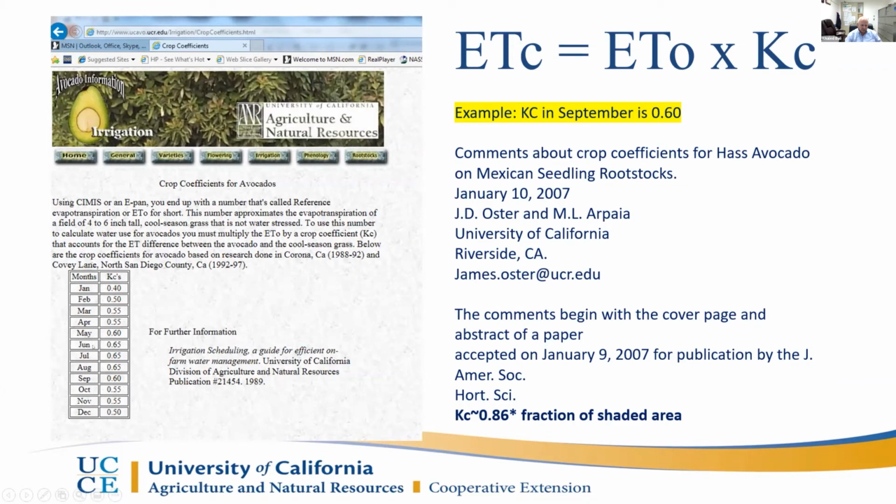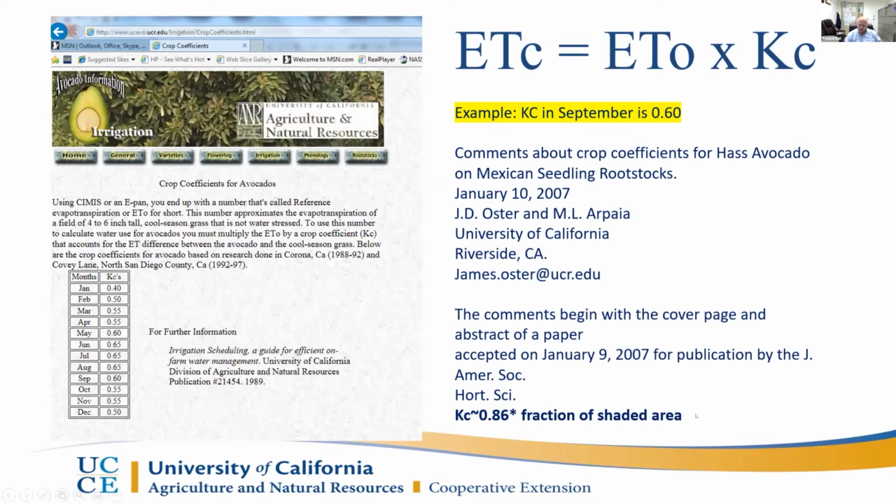publications like this one. It says September crop coefficient is 0.6, but that crop coefficient depends on so many different factors, including, do I have small trees, larger trees? What's my spacing, and so on.